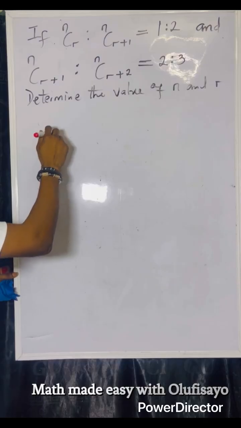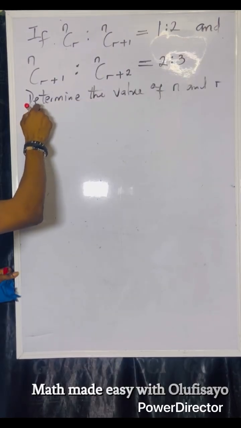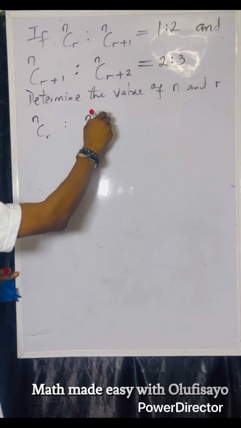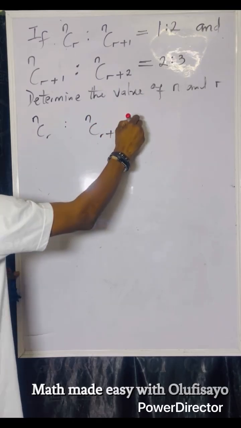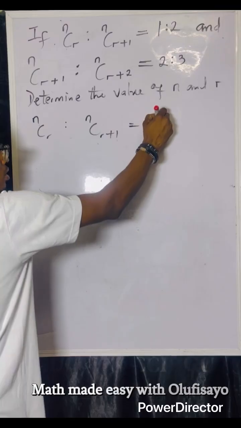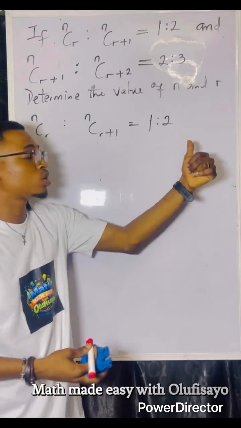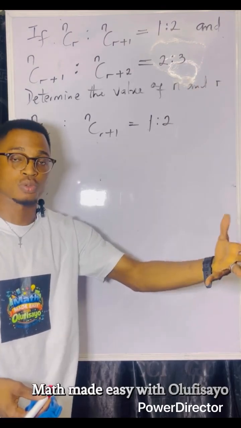First of all, let's look at the first equation. We have nCr ratio nC(r+1) is equal to 1:2. We all know what ratio means. This 1:2 simply means 1/2.